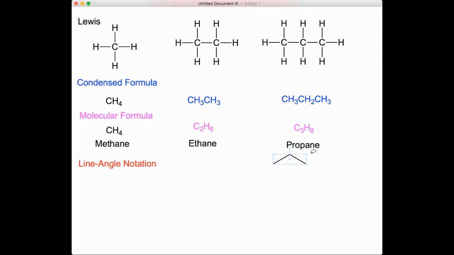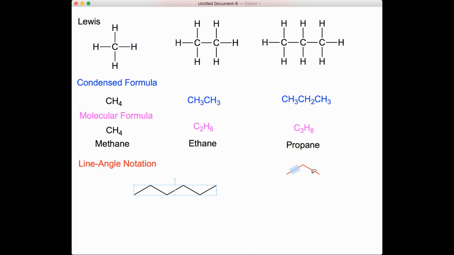Guys, look at this. A few things about line and angle notation. You draw the carbon chain, the backbone of the molecule, as zigzag lines, okay? As many carbons as you need, this is a carbon chain. Each intersection of these 2 lines, whenever you see a vertex right here, that's a carbon.